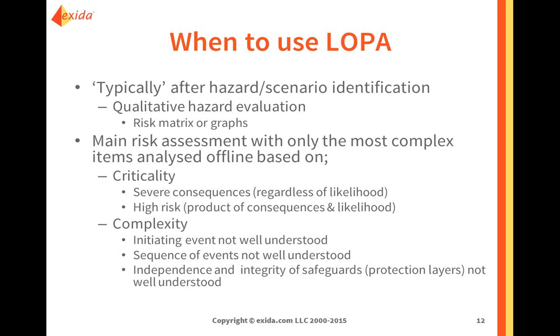But we do know what the individual frequencies are of the control function failing, as well as the typical probability of failure of those protection layers. So if an initiating event is really complex, we can split it up into smaller pieces, and it's typically easier to get data for the smaller pieces, and then determine what the complex event frequency is.